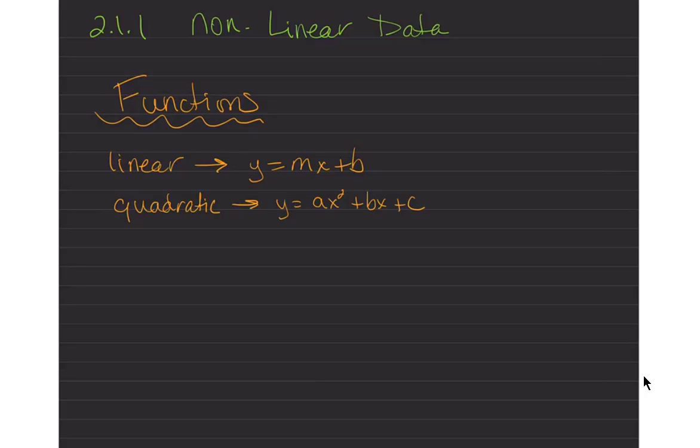When I look at an equation, guess how I know that it's always going to be a quadratic? Yeah, the exponent, right? What's my highest exponent? My highest exponent is that 2. So because my x is squared, I know it's always going to be a quadratic.